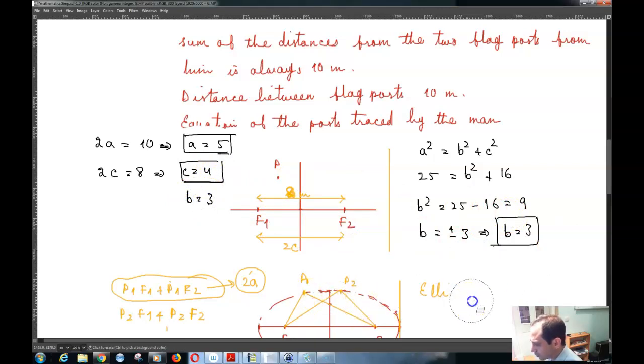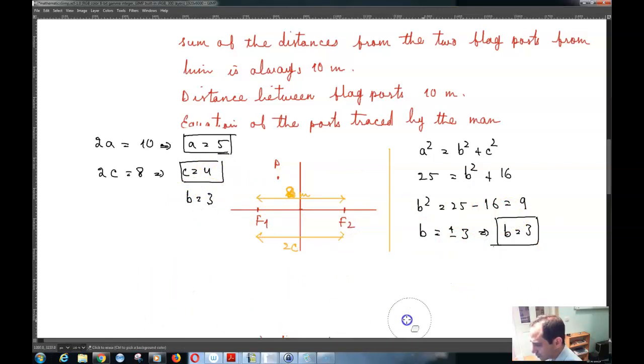So now what you can write over here is that x squared by a squared plus y squared by b squared is equal to 1. So x squared by 25 plus y squared by 9 is equal to 1.